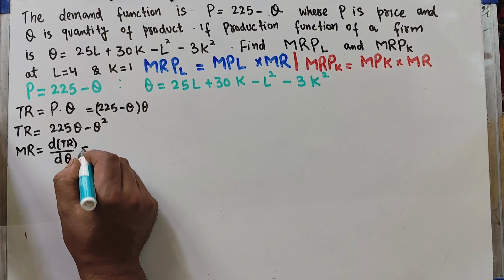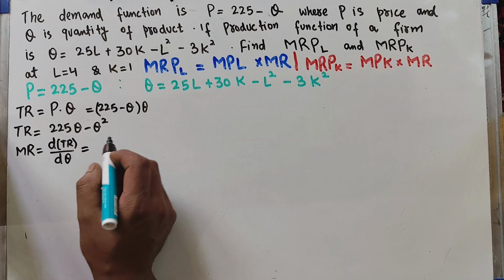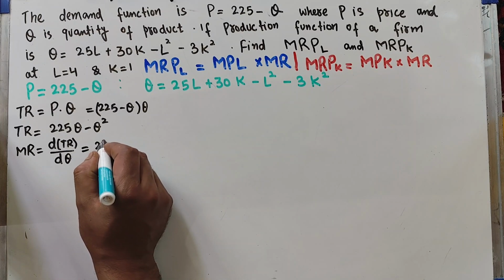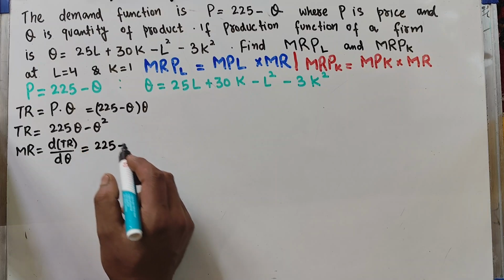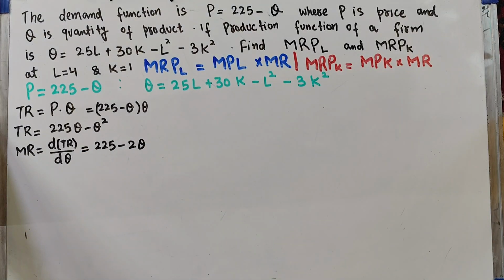That is the derivative of this total revenue function with respect to Q. Derivative of Q in the first term is 1, so we are left with 225, and derivative of Q square is 2Q. This is our marginal revenue.